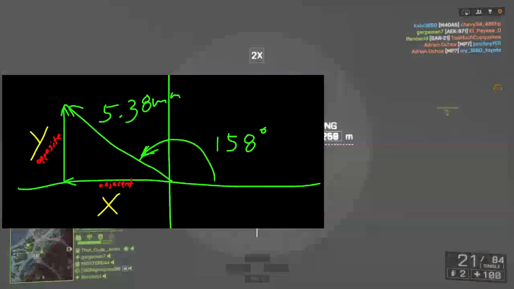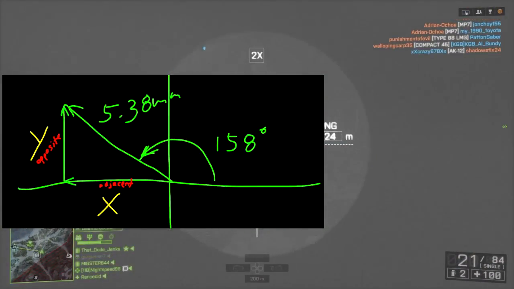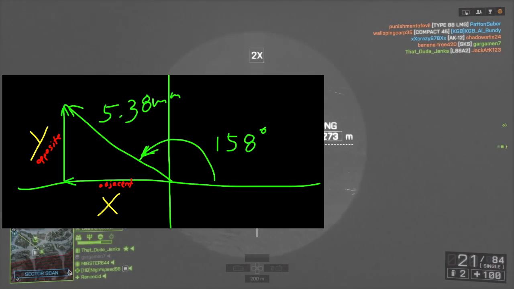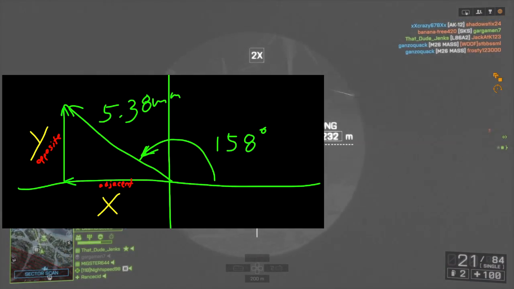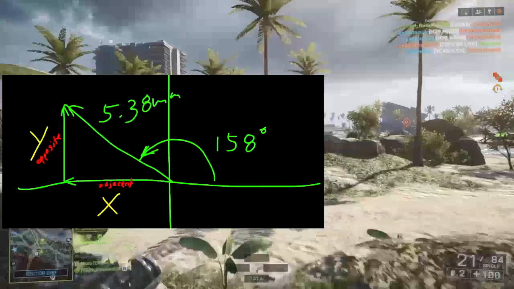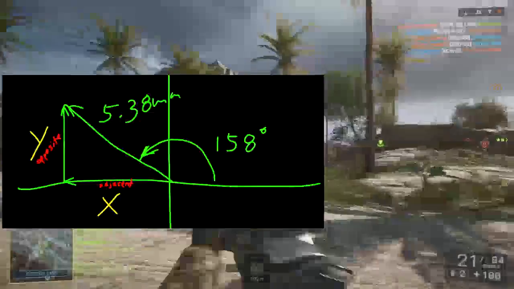Moving on to the next slide, we have 5.38 millimeters at 158 degrees. So now the question is, we have to find the x and y components.